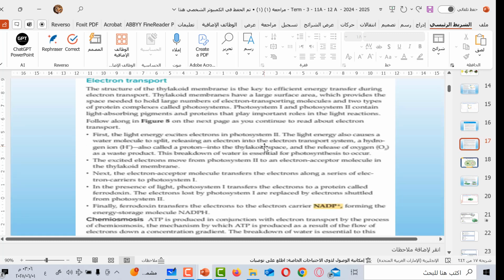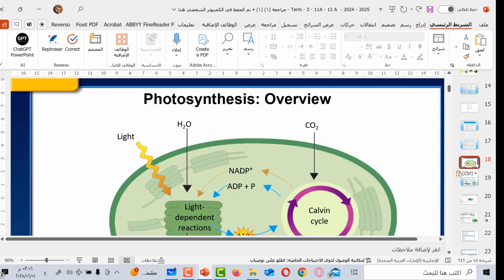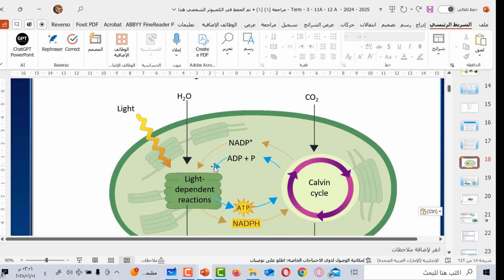It has two processes. One is called the light-dependent reaction, and the other is the light-independent reaction, or Calvin cycle. The light-dependent reaction happens in the thylakoid of the chloroplast.